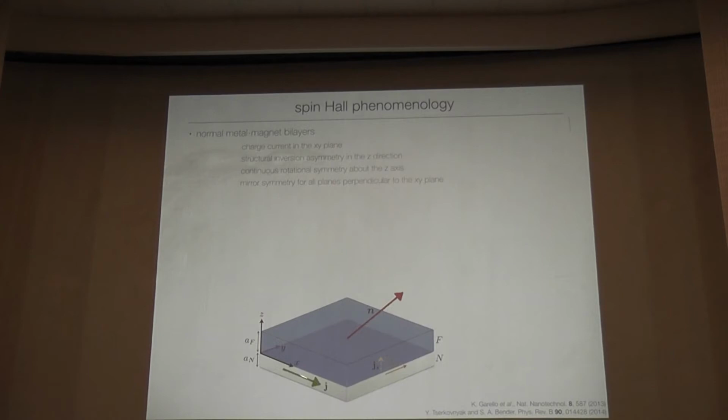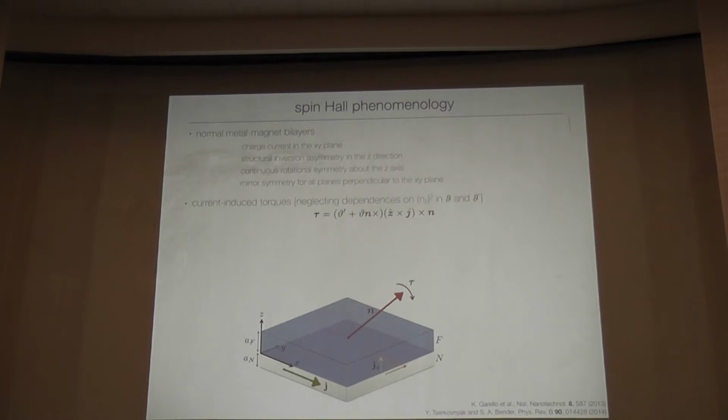You have a normal metal, this gray region, and a magnetic insulator. If you assume structural inversion asymmetry in the growth direction, which I take to be the z-axis, and if there's continuous rotational symmetry about the z-axis, and mirror symmetry for all planes perpendicular to the xy plane, then you can write down quite generally the type of torques that can arise.